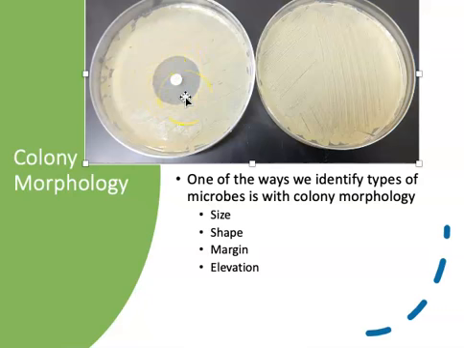This is an indication that these bacterial cells are susceptible to this antibiotic, the antibiotic that has been placed into this little disc. Any cells that were present on the plate right around that disc at the time the plate was made have not survived. They have not been able to grow and divide.